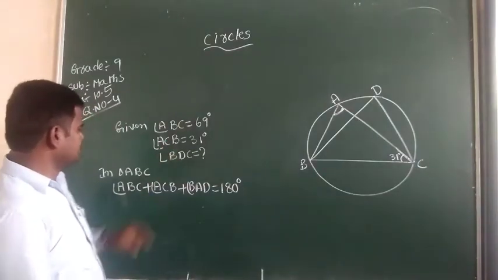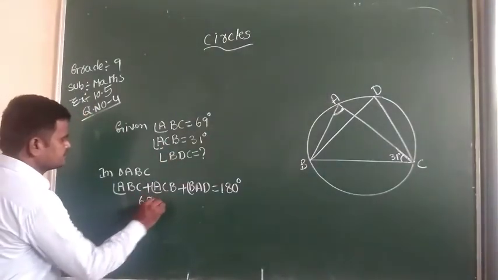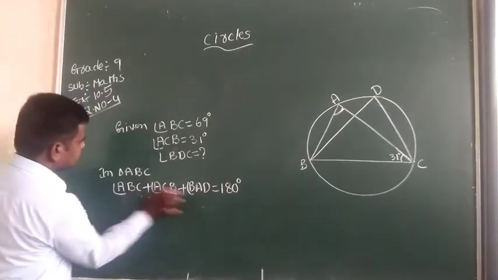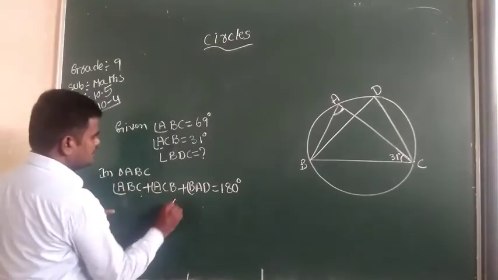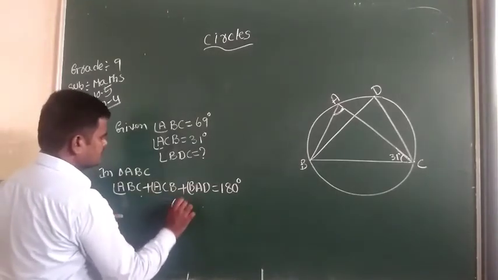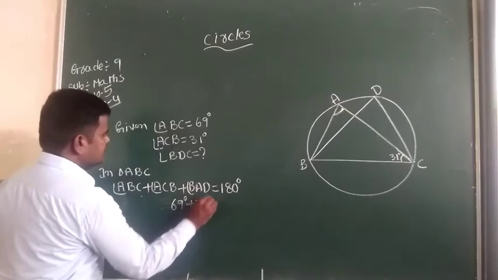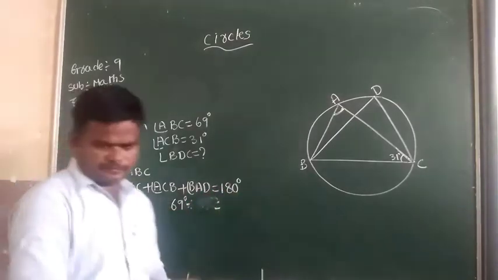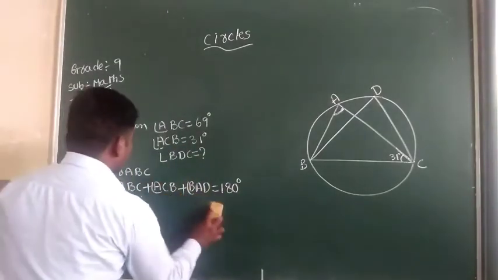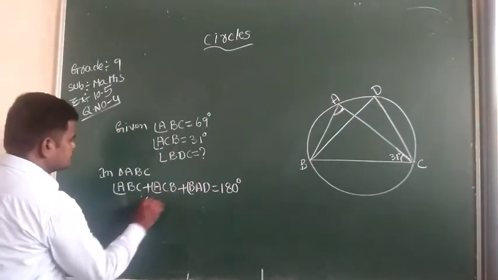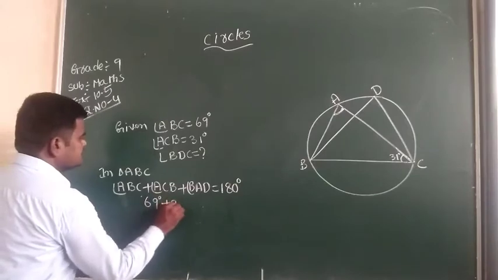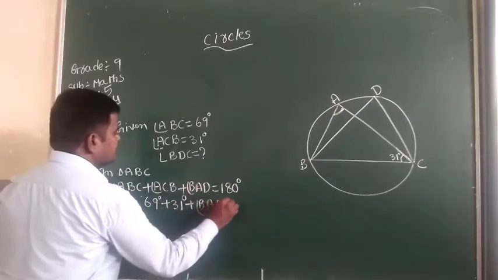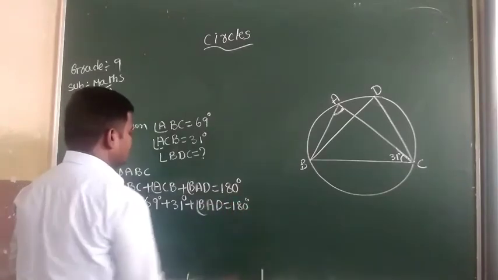Angle ABC equal to 69 degrees plus angle ACB equal to 31 degrees plus angle BAD equal to 180 degrees.